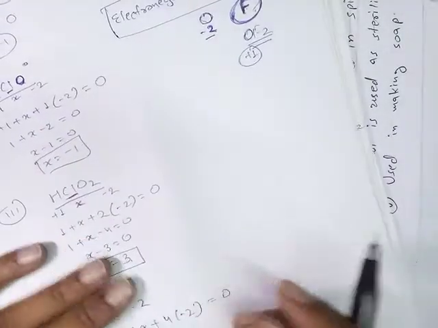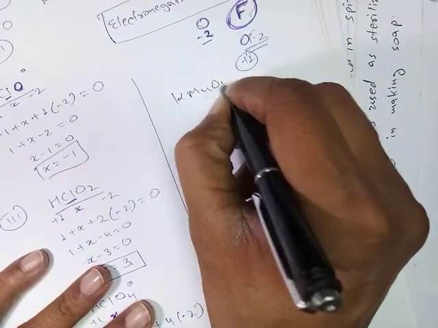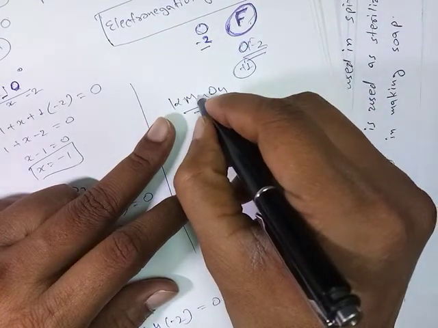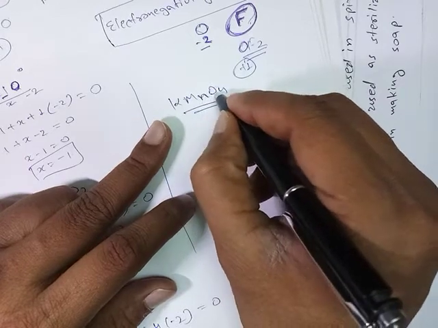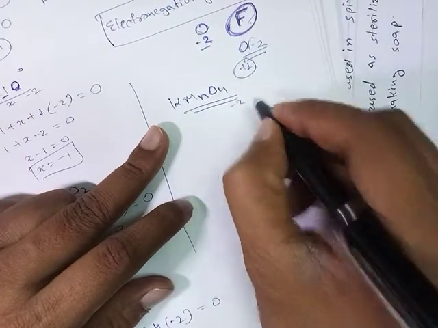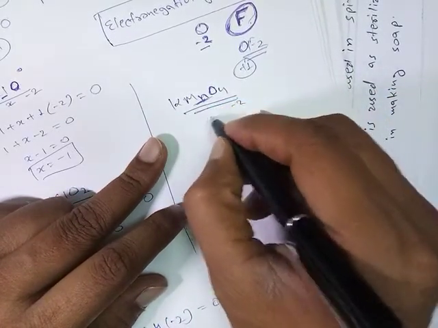Next one is KMnO4. Here also the most electronegative atom is oxygen, so it will show minus 2 charge. We have to calculate the oxidation number of manganese.